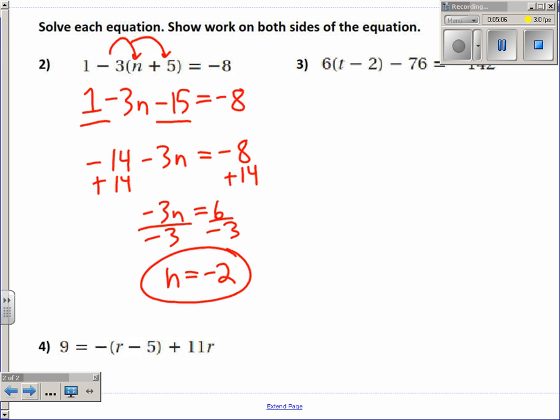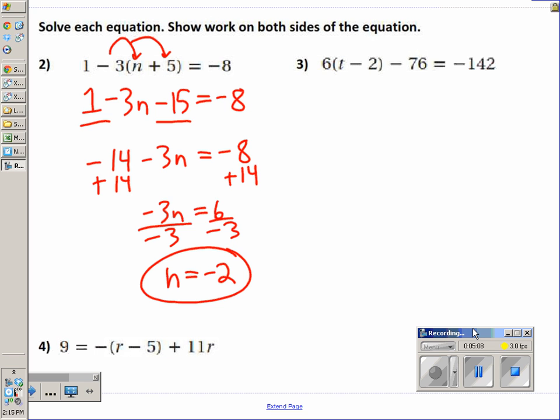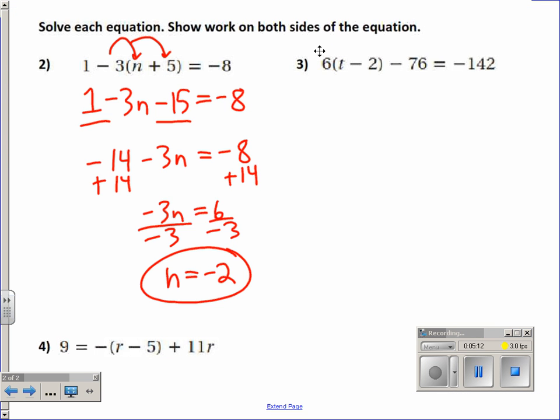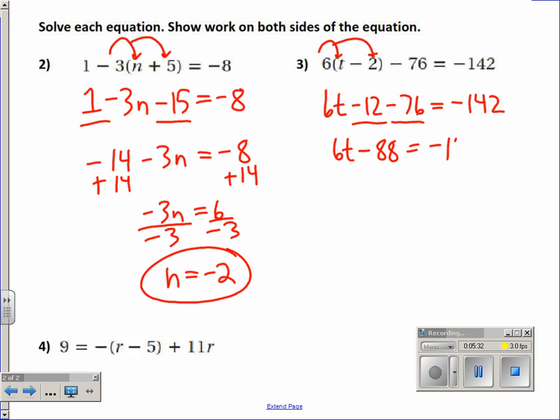All right, last one that we're going to do together, and then you're going to do number 4. This 6 can be distributed inside there. So we would get 6t minus 12 minus 76 equals -142. The 6t is going to come down. We're going to combine the -12 and the -76 so that we get -88. And that's going to equal -142.